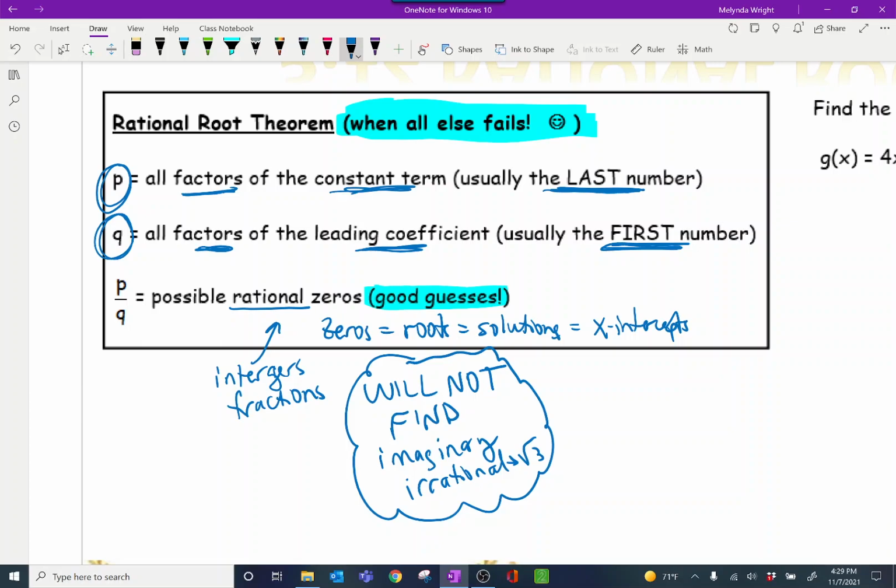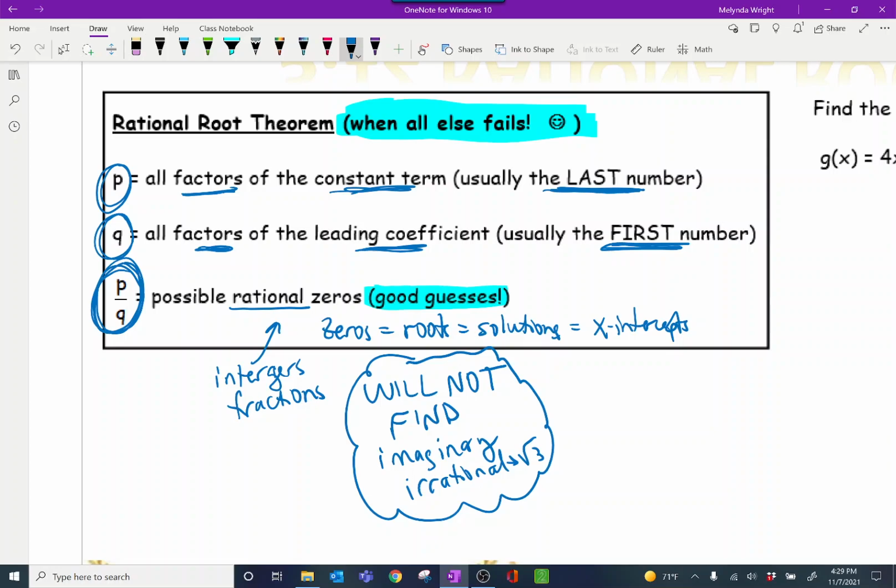And the way we do that is we make a fraction of all those possibilities, P over Q, and that gives us all the possible best guesses. I'll show you this particular technique uses synthetic division quite a bit.